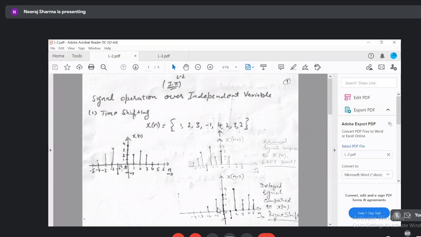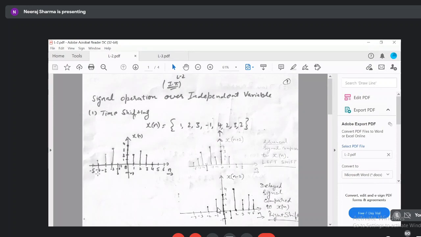Similarly, x at -1 will be shifted towards the left hand side by 2 units, and its new location will become from -1 to -3, and at n equal to -3, the new amplitude at this particular moment will be -1. So in this way, all the elements of the data sequence will experience a left hand side shift by 2 units, and in this way we can obtain xn plus 2, right?